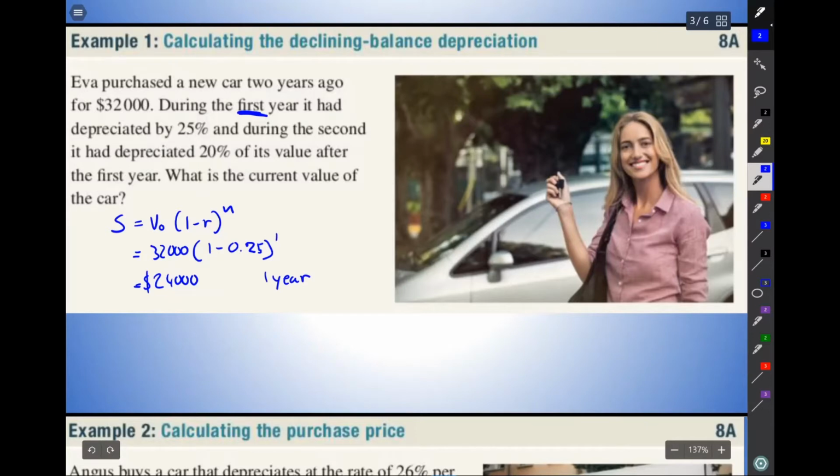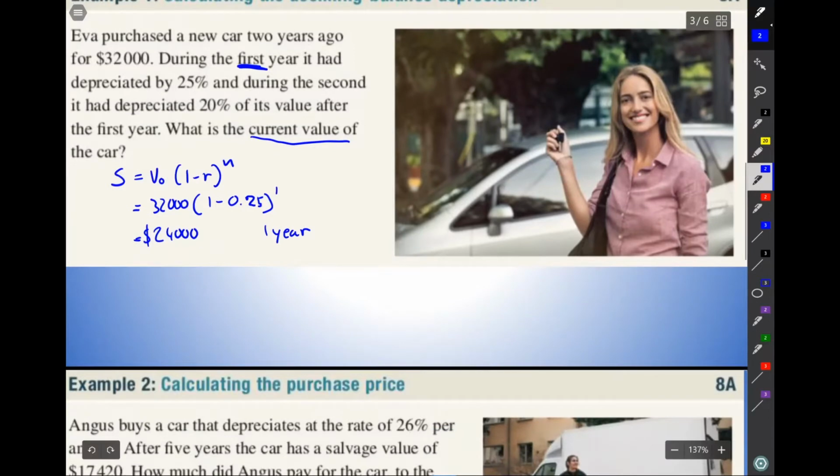So then to find the current value at the end of 2 years, we need to just apply this formula again. But this time, instead of V0 being the initial value of the car, it's actually going to be the value at the end of the first year.